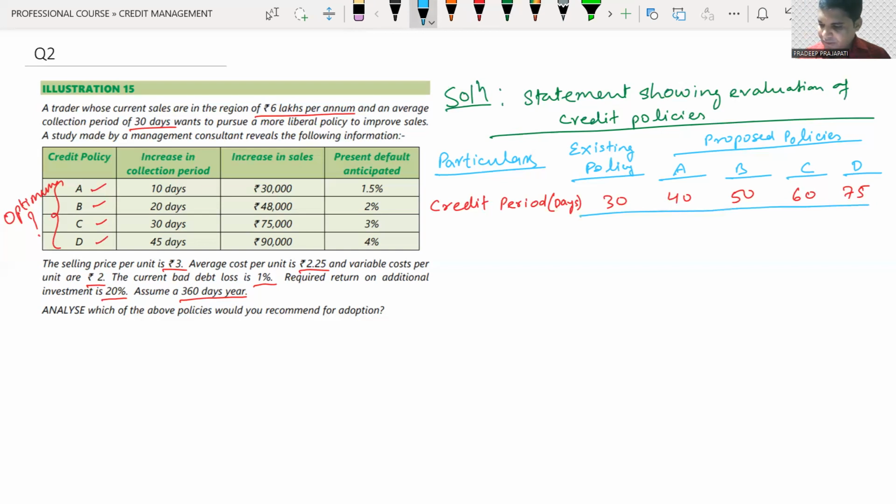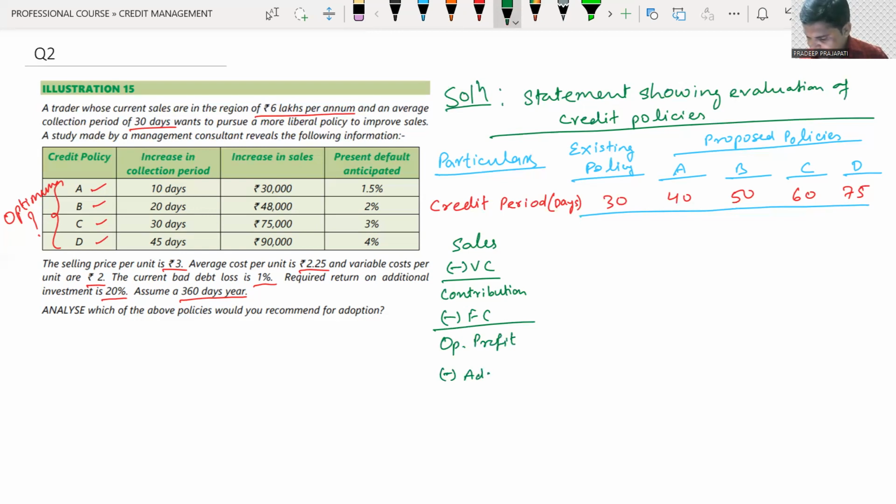Now we require sales less variable cost. We will get contribution. From this deduct fixed cost. We will get operating profit. From this you have to deduct administration cost if it is given.